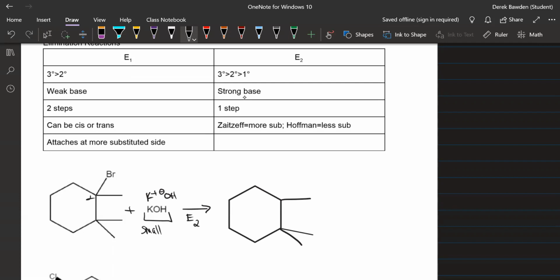Okay, we label this as our alpha carbon, okay? The carbon that's attached to the leaving group is our alpha carbon. Then we have beta 1, beta 2, and beta 3. Okay. One of these, beta 1, 2, or 3, cannot accept the double bond. Which one is it? Does anybody know?